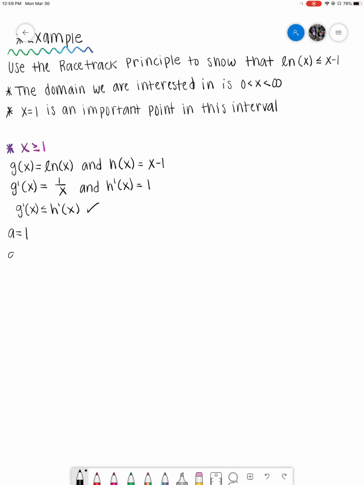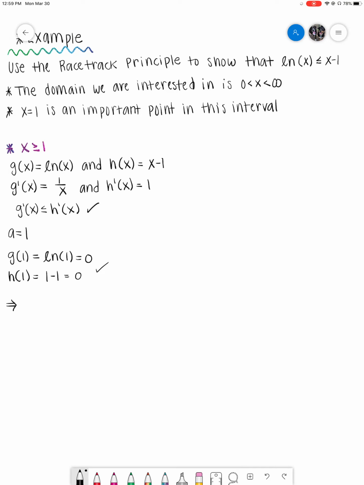What happens at 1? Well, g of 1, ln of 1, is 0. H of 1 is 1 minus 1, which is also 0. Great, so they're the same.